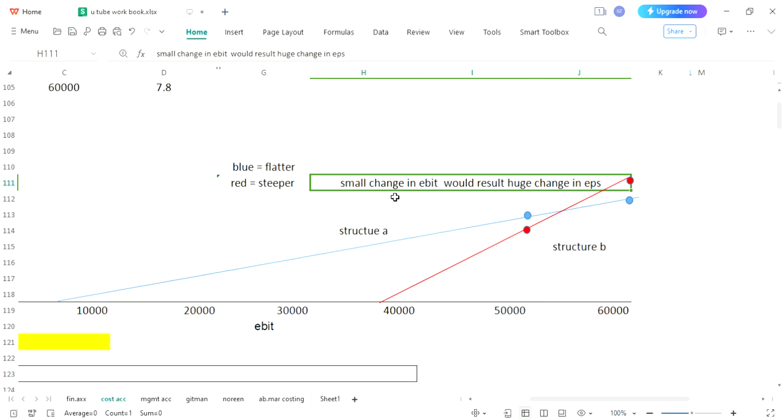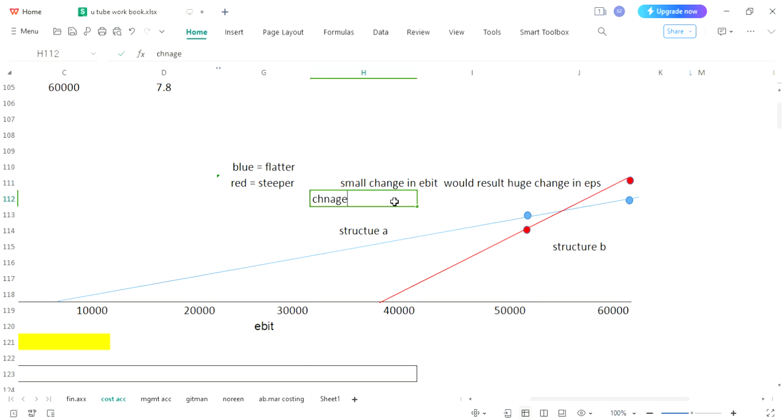Yes, that was the statement I was looking for. We can write it again. Change in EBIT is less than change in EPS. What it is showing is that a huge change in income results when you make the change from 40,000 to 50,000 to 60,000.